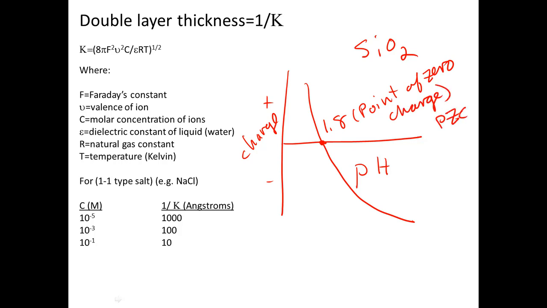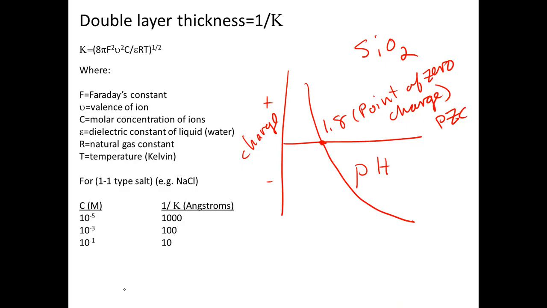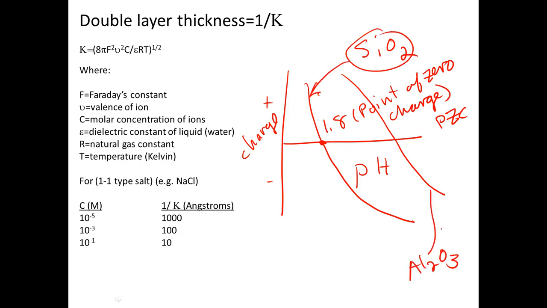So-called PZC. And we could draw similar curves. Something like, for example, Al2O3 with a PZC of 9.1, would look something like this. Its PZC would be 9.1. So we can adjust the surface charge by adjusting the acid or base in the system.